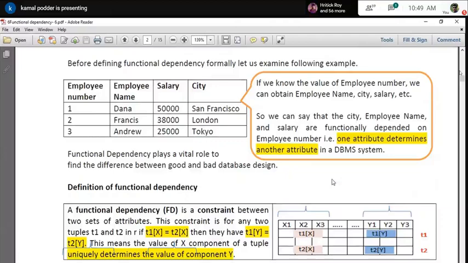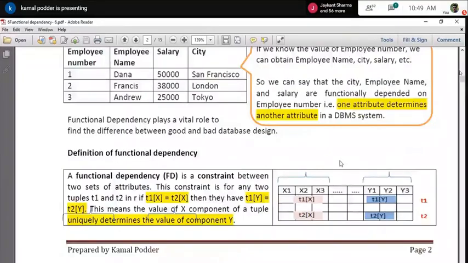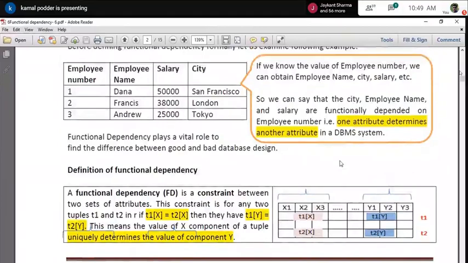That is, one attribute determines other attributes. So if you really want to find all the functional dependencies, you have to find which attribute set, or which attribute, depends on another attribute. All possible ones you have to find out.